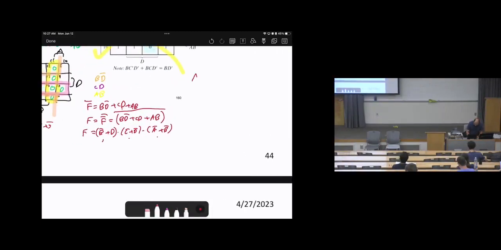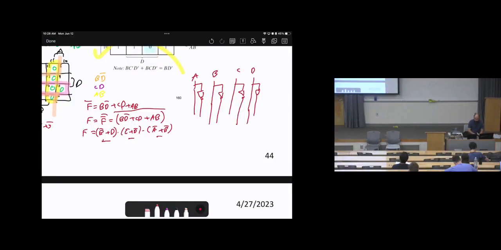Here is A, here is A bar, here is B, here is B bar, here is C, here is C bar, here is D, here is D bar. Now we have 3 logic gates. There are 3 ORs.